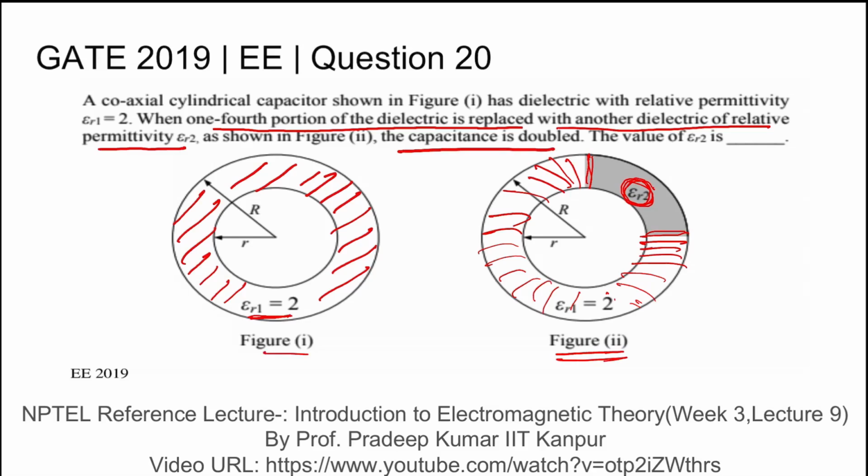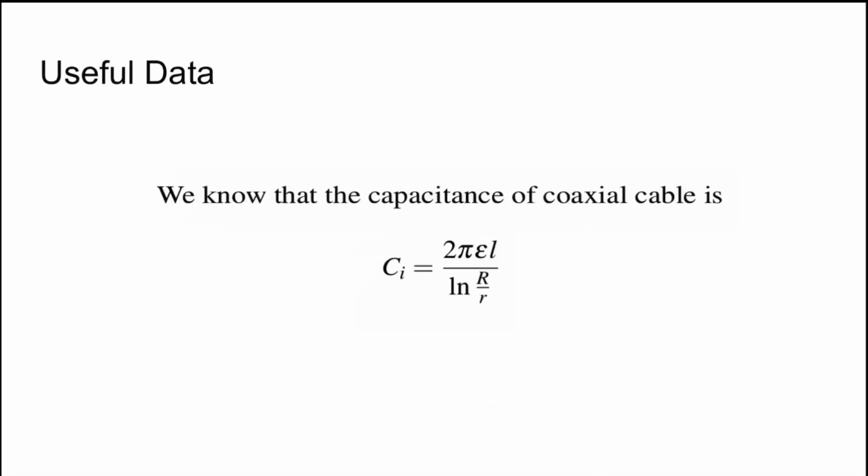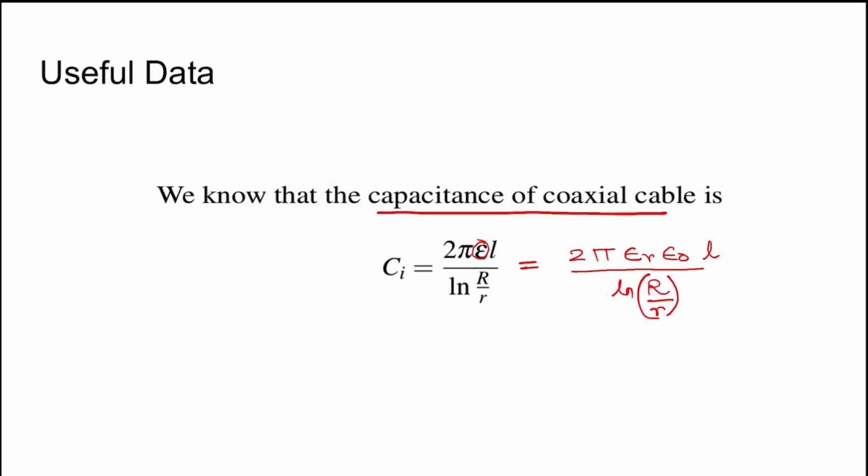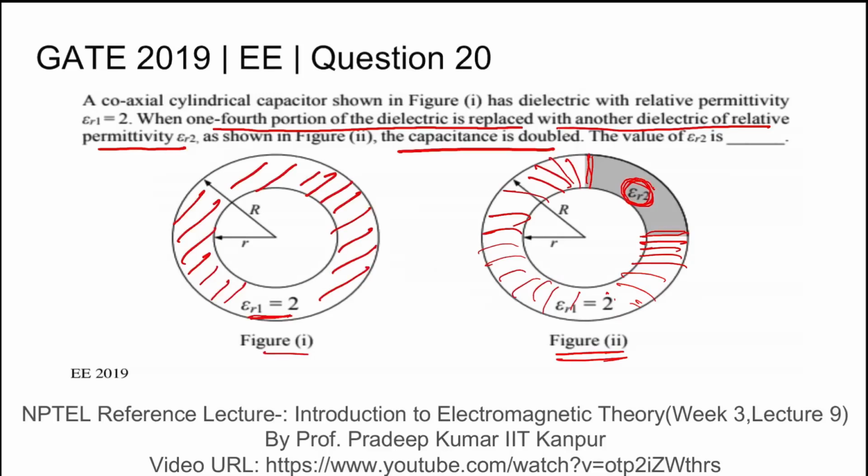First, in order to solve this problem, we need to know that the capacitance of a coaxial cable is given by 2 pi epsilon times L by ln R by r, where epsilon is the permittivity, R is the outer radius and small r is the inner radius.